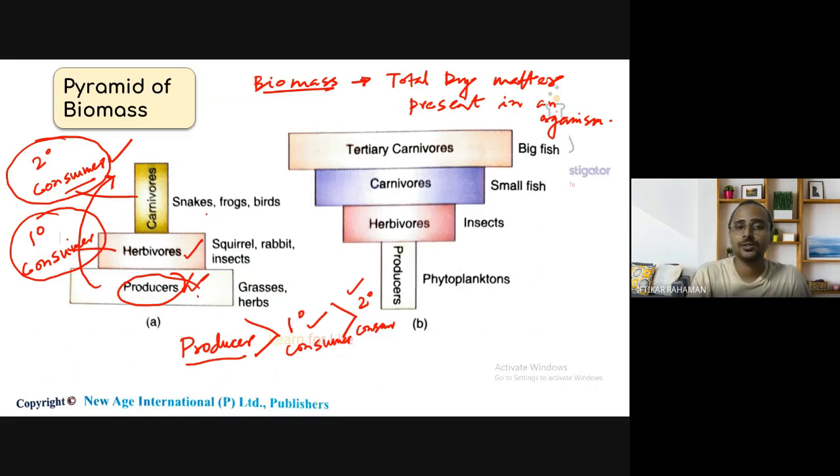And this is present in the grassland ecosystem. This can be seen in the grassland ecosystem.